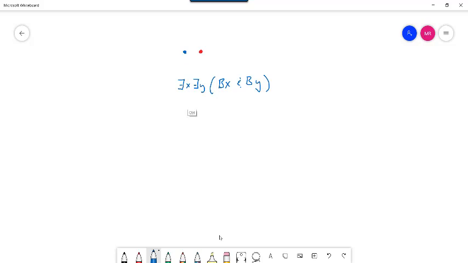Think about this. Suppose we make the blue thing not a dot, but say a little triangle, and now we change this to there exists an X and there exists a Y, such that X is blue and Y is a triangle.